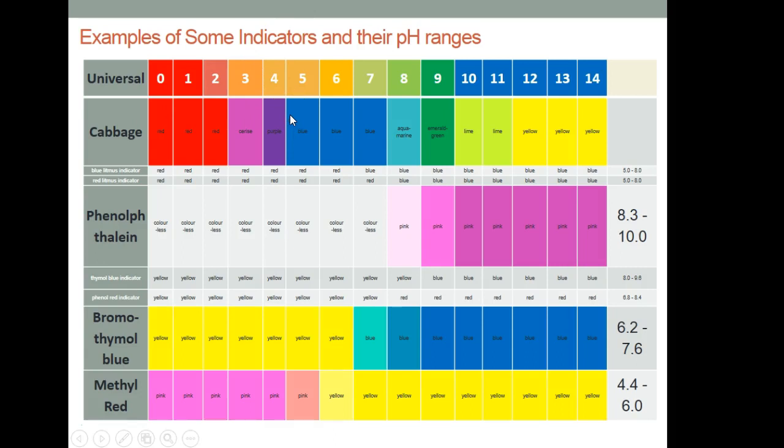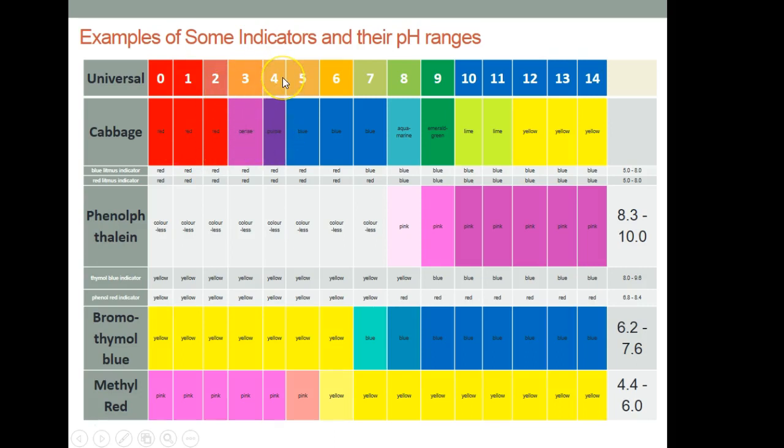For example, for universal, between pH 1 and 3, there is a very distinct, sharp color change from red to yellow. So if I'm doing an acid-base titration where the endpoint is in a very high acidic pH range, so it's in this low pH range, I could use universal, or I could even use cabbage, because cabbage is going from red to light purple.